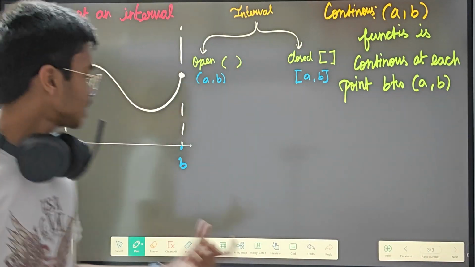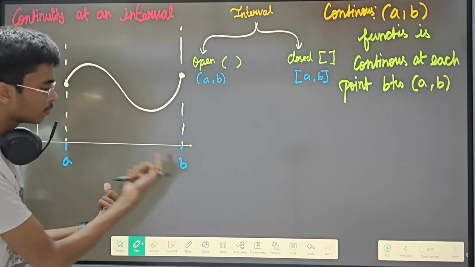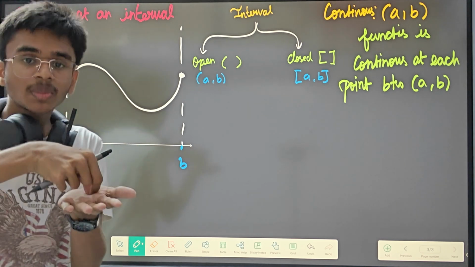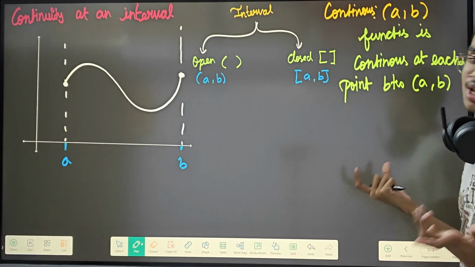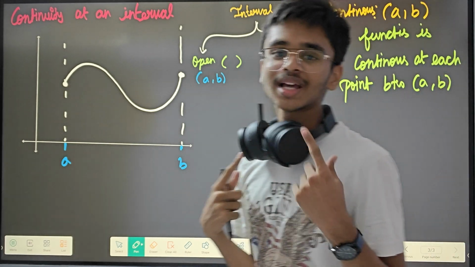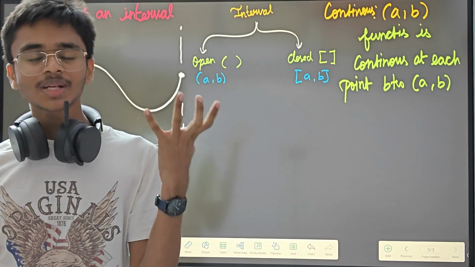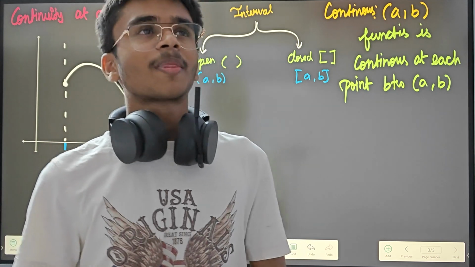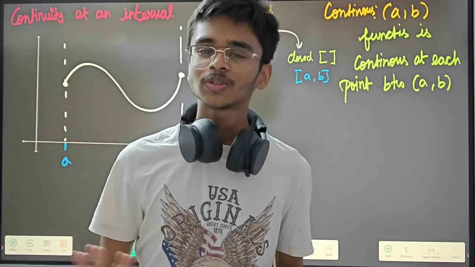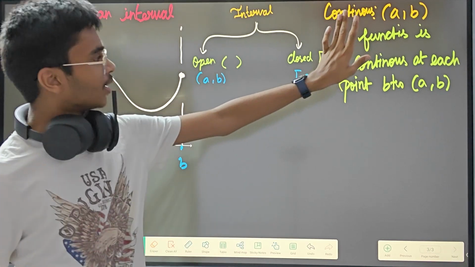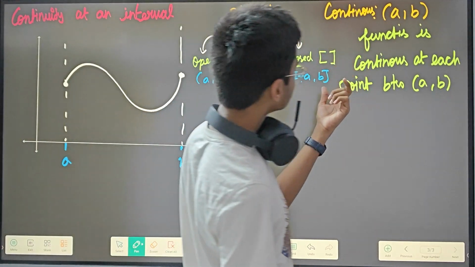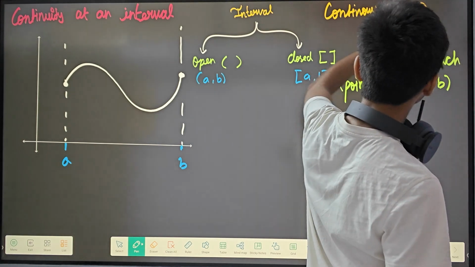What does it mean? There will be some numbers between A and B, and at each and every number you would have to put and see whether it is continuous or not. We cannot do that, but some mathematicians have found some way, and we are going to see some points over there also.